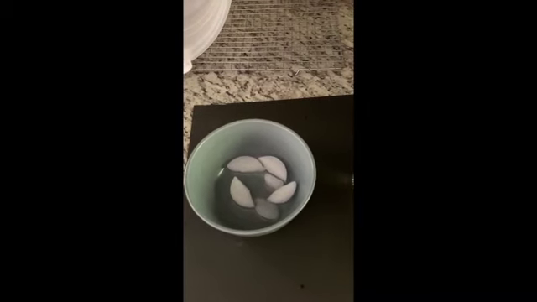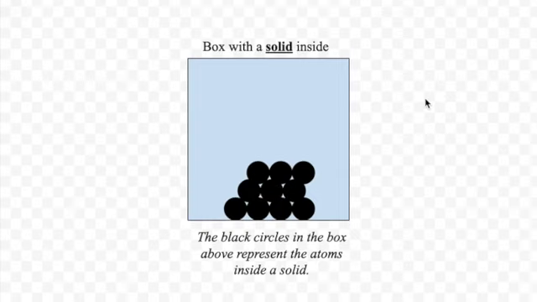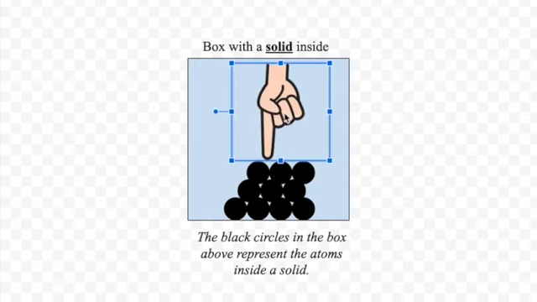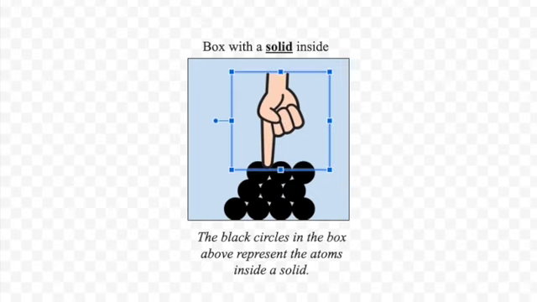What's going on here? Okay, so here we have a solid. I'm going to represent this solid as a bunch of atoms, a bunch of particles or circles that are tightly packed together like this. I'm representing them that way because if I took my finger here and pushed downward, my finger's going to get stuck.